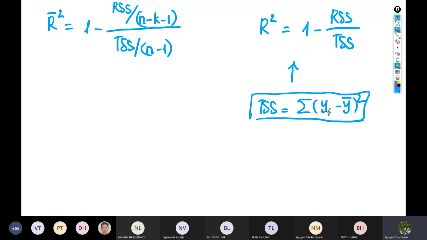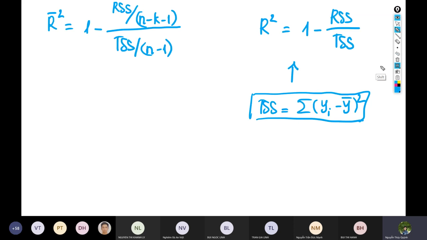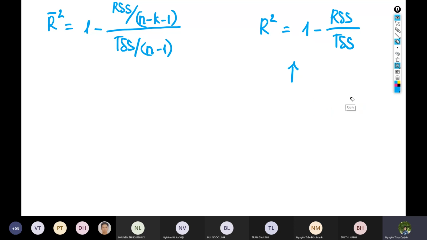So the change in R square is due to the change in RSS. When you add one more independent variable into the model, it will cause RSS to decrease, and it makes R square increase.